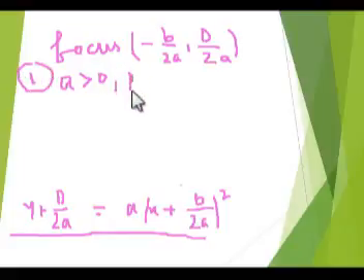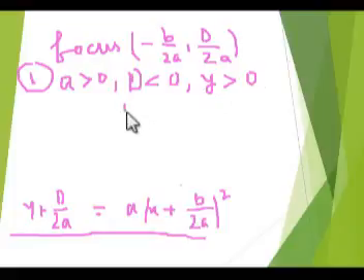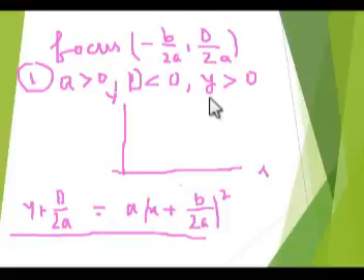Then what will be y? Y must always be greater than 0. So the graph will be this way. It does not touch the x-axis because d is not equal to 0. So it will not touch the x-axis, and since y is greater than 0, it will be in this way.